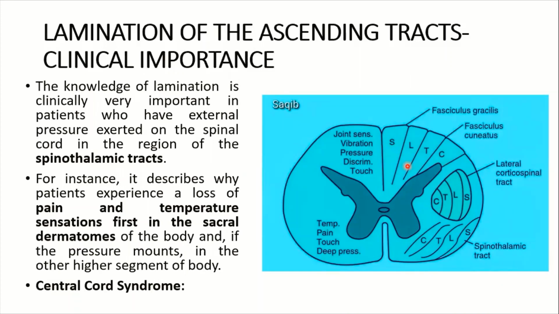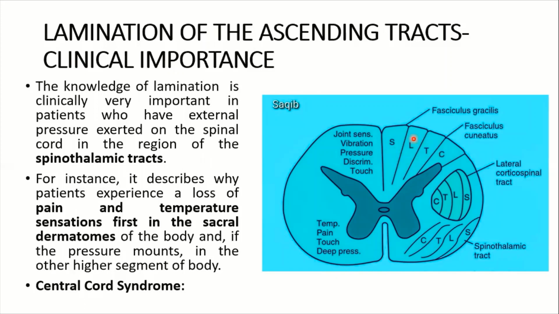And this is the point: if there is an external pressure exerted from the sides of the spinal cord in the region of the spinothalamic tract, first the sacral and then the lumbar segments would be affected, and if the pressure increases and reaches further, it will involve the thoracic and the cervical. This would be inverse in the dorsal column.